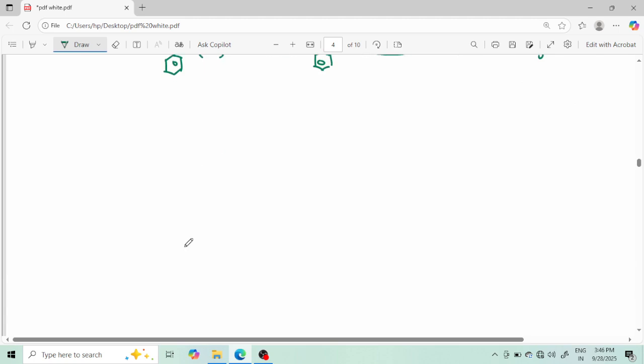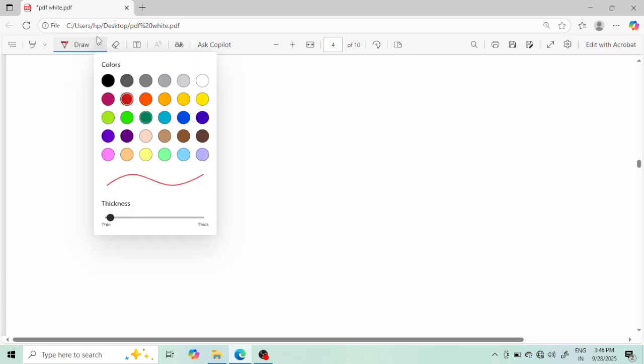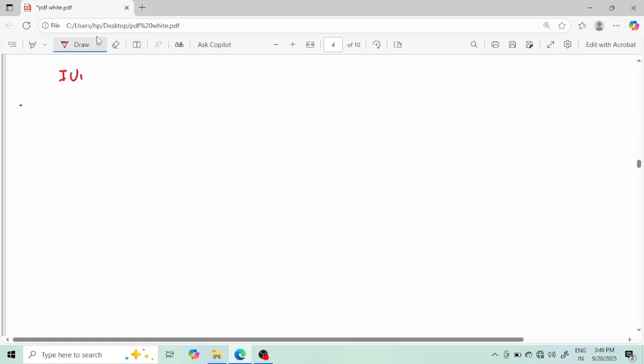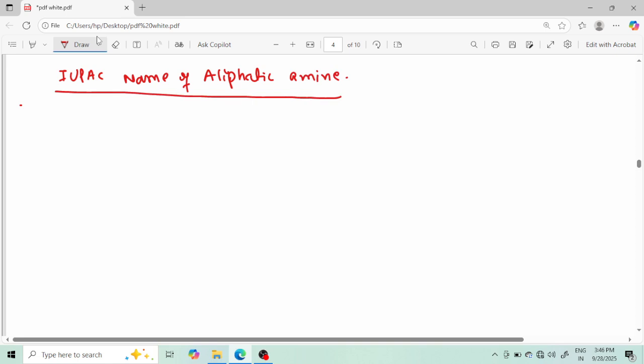Now we will do IUPAC name of amines. So the heading is IUPAC name of aliphatic amine. Here also two categories. So basically here what will happen, you know that in amine there can be 1 R, there can be 3 R's also, right?